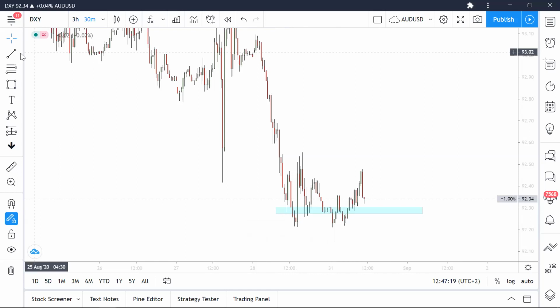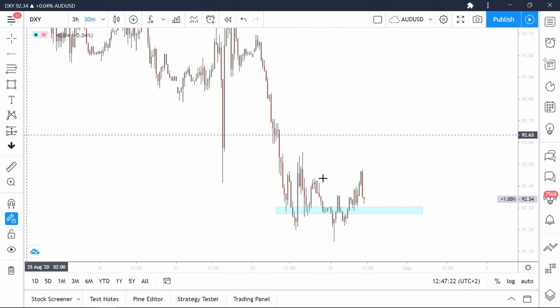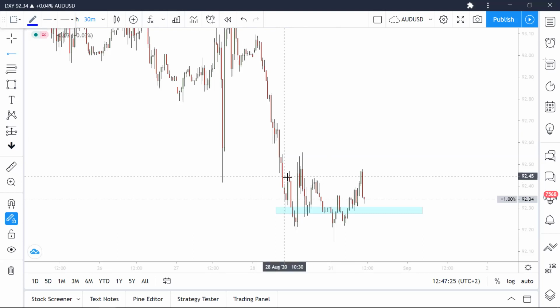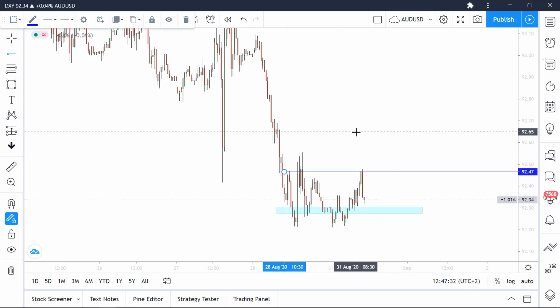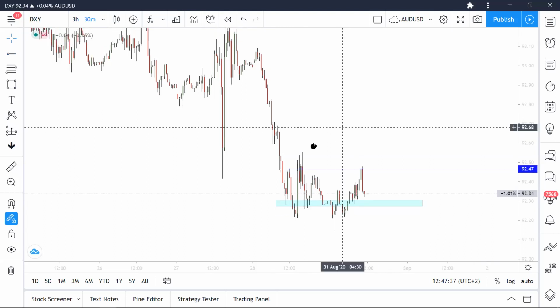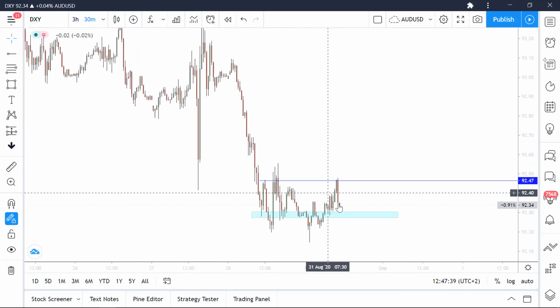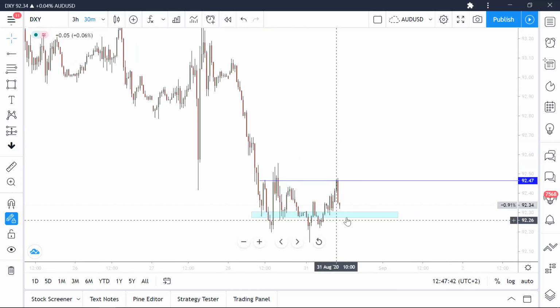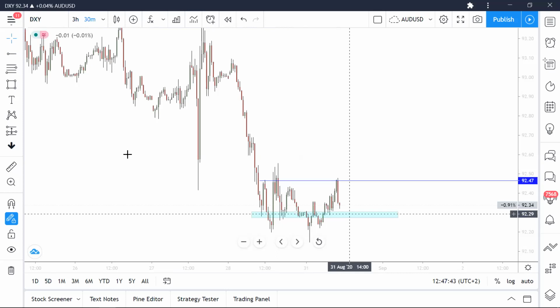What you can also see, based on our resistance structure, is that I'll be focusing on this resistance right over there, right? So what I'm expecting from the DXY is that you can expect price to push a bit lower, probably deeper into the support area over here.